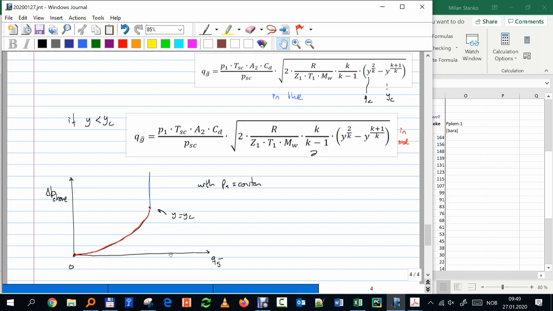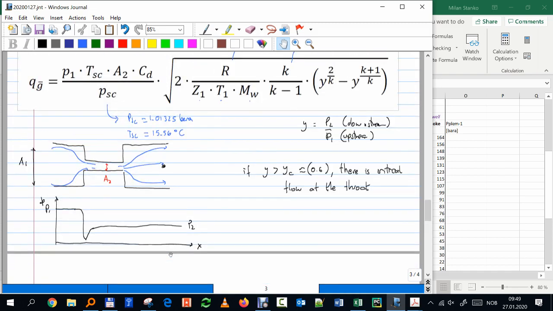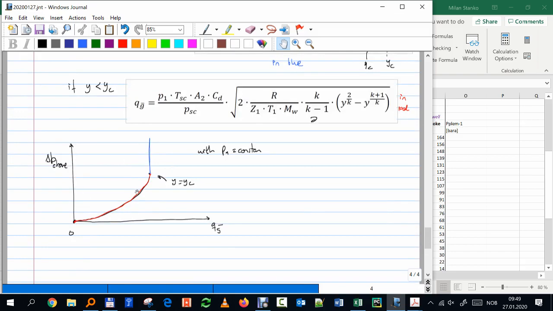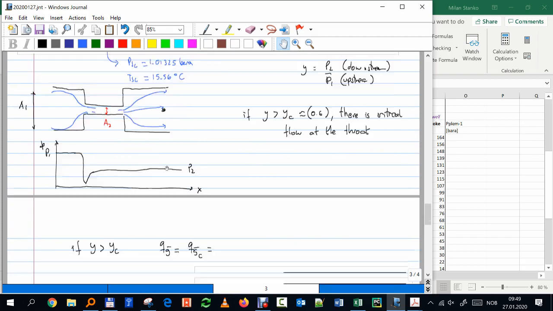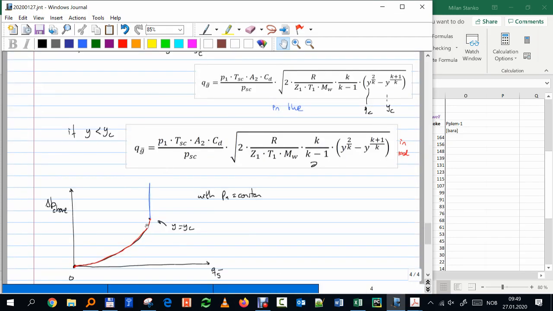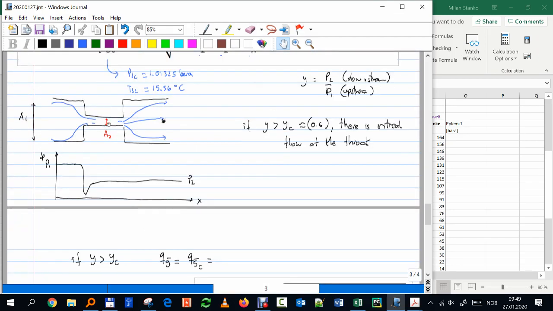Let's say you keep this pressure fixed and lower the pressure here. The delta P will be bigger, and then you get more rate. Lower the pressure once more, you get more rate. But at some point you will have critical flow here, so any change you make here won't be noticed by this pressure. You lower it, and here it is choked.